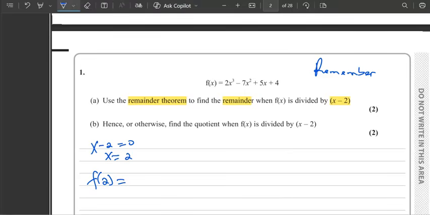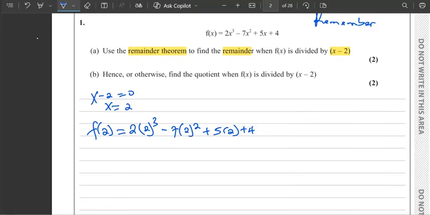Take the polynomial 2x cubed minus 7x squared plus 5x plus 4 and substitute the value of x with 2. So substituting in this case, we'll have 2 into 2 power 3 minus 7 into 2 power 2 plus 5 into 2, then plus 4.